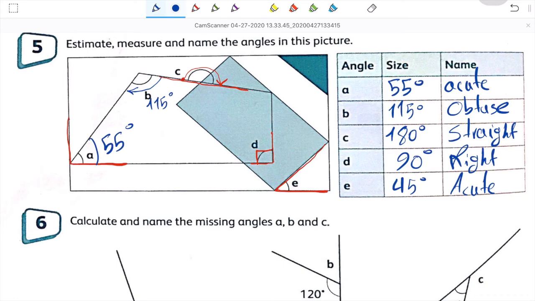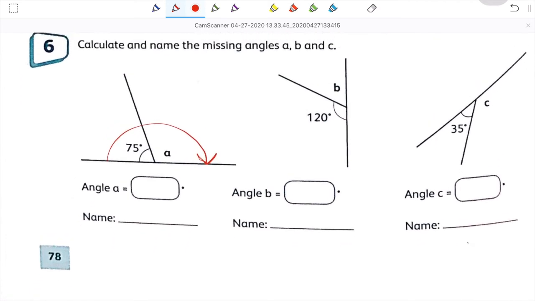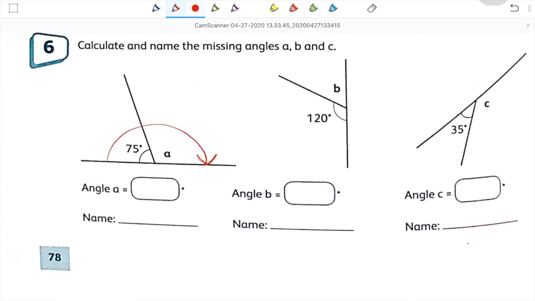Question 6. Calculate and name the missing angles A, B, and C. Okay, actually you don't need to measure these angles using a protractor, because, as I told you before, these angles here, from this side to the other one, are actually straight angles.